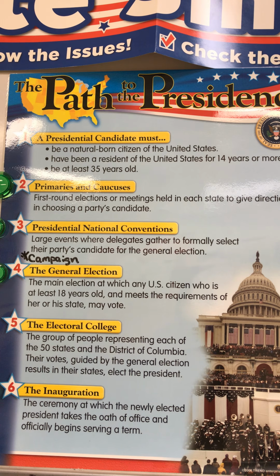At this point, there are several people that want to be the candidate for their party, so they all campaign to be the one person to run for each party. That happens in January through June.